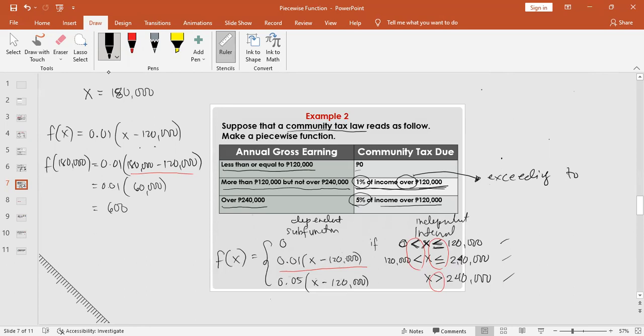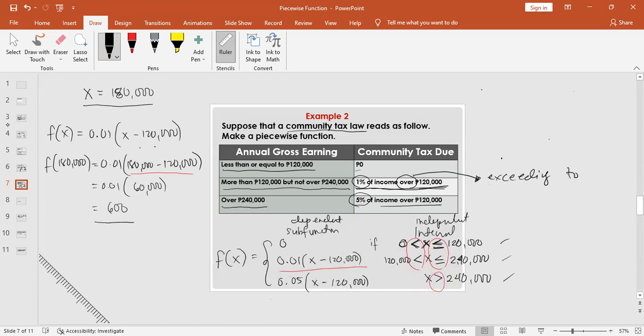Tama ba? Tama. Okay. Therefore, if your annual gross earning is 180,000 pesos, you will have 600 as the income tax. Okay? So, as simple as that.